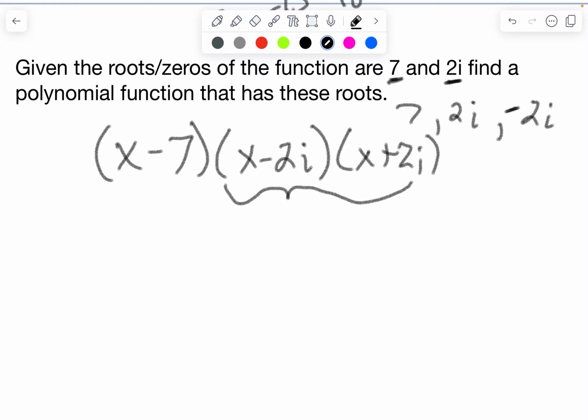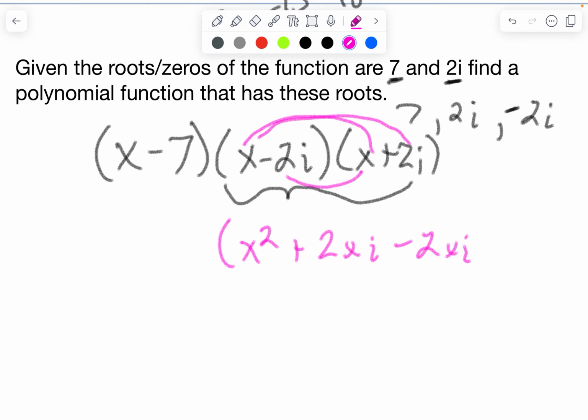It'll eliminate your imaginary numbers because they're conjugates, just for your information in future problems. But you just distribute. You might have called this FOIL depending on your teacher, but that's x squared plus 2xi minus 2xi minus 4i squared.